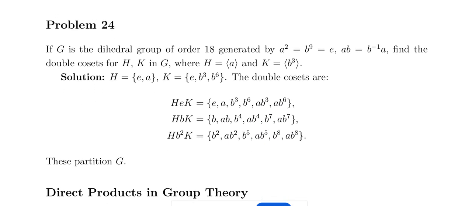And a dihedral group of order 18 generated by a square equal to b power 9 equal to e, ab equal to b inverse a. The number of double cosets HxK in G, where H is generated by a and K is generated by b cube. These are examples. It's not important, but we should know S3 and S4.